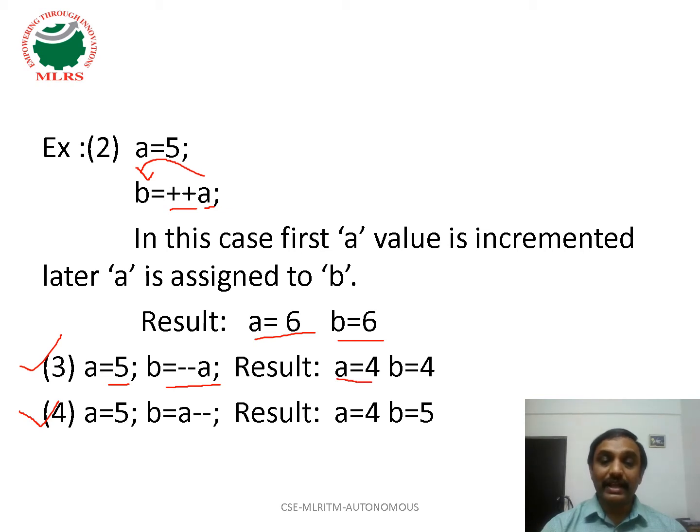After that we are assigning the a value to b, so the b value also becomes 4. Now observe the post-decrement, b = a--. In this case, first the a value is assigned to b. What is the a value? 5. The b value becomes 5. After that, the a value is decremented, that is, the a value becomes 4. So you observe the difference between pre-decrement and post-decrement.